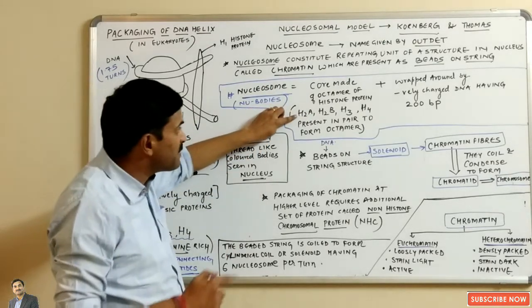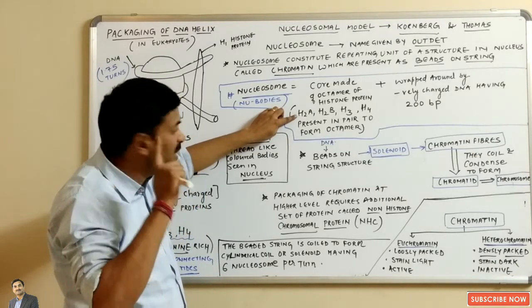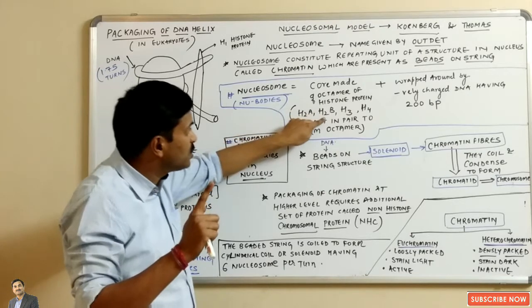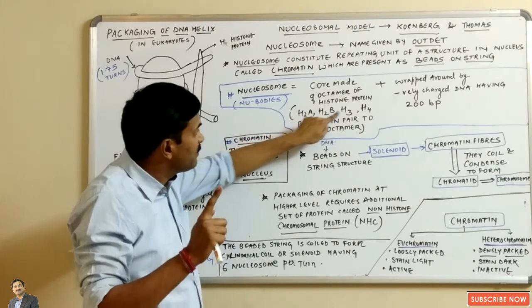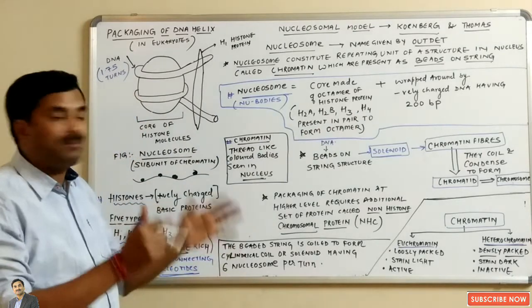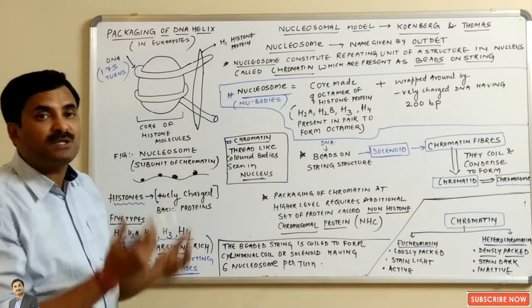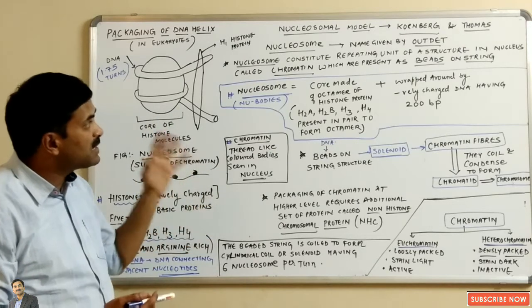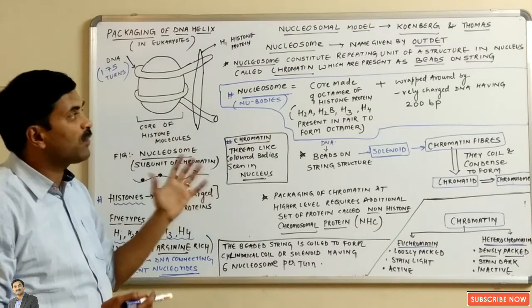I mean 2 molecules of H2A, 2 molecules of H2B, 2 molecules of H3 and 2 molecules of H4. Total means what? 8, means octamer. So the core of the nucleosome is made up of an octamer of histone proteins.